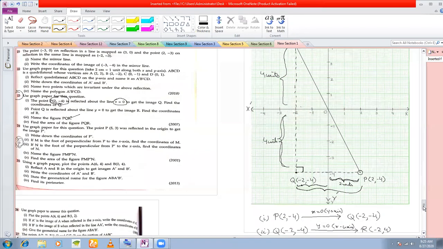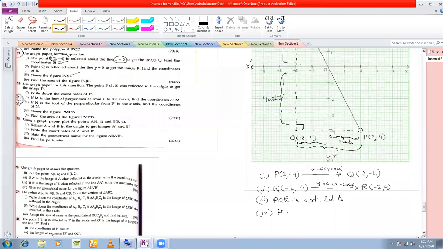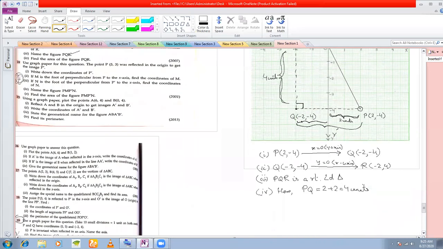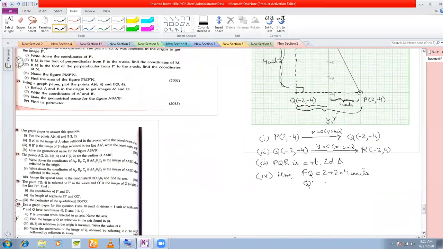So therefore, what should be the area? Half base into height. So here we'll write, base PQ is 2 plus 2 equal to 4 units. And what about the height? QR you see is 4 plus 4, 8 units, right? QR is 8 units.